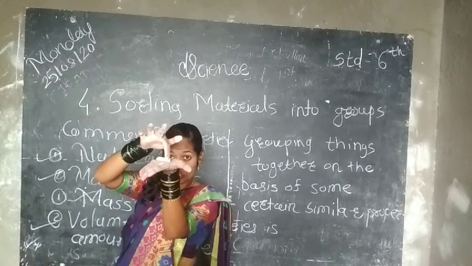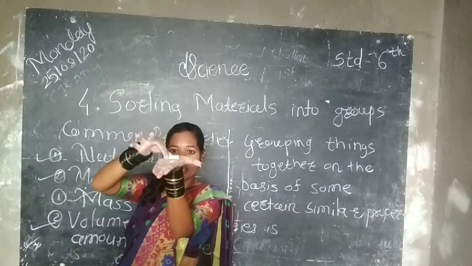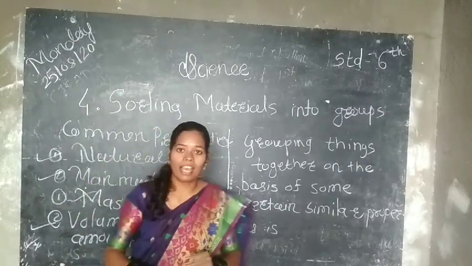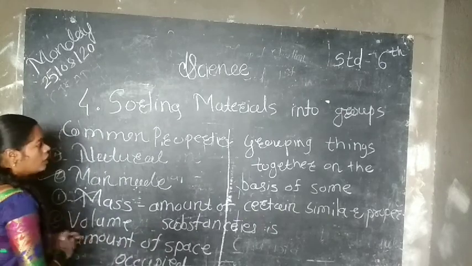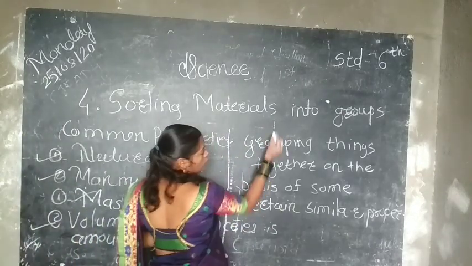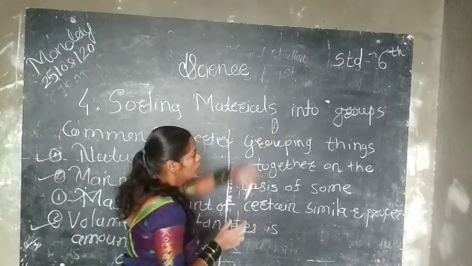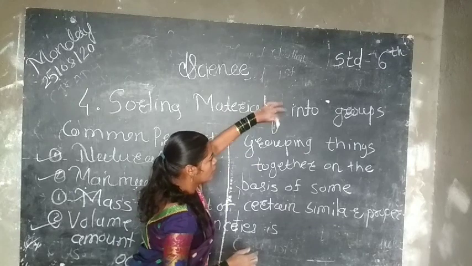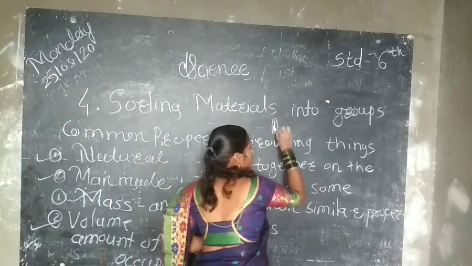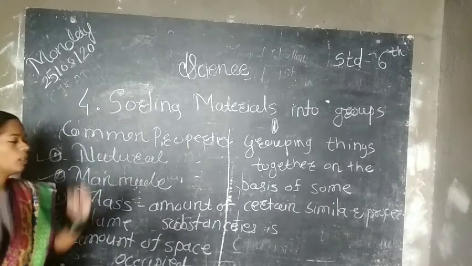This much space is occupied by this chalk. This space we consider as the volume. This much space is needed for this chalk to hold it like this, and this space we generally consider as the volume.